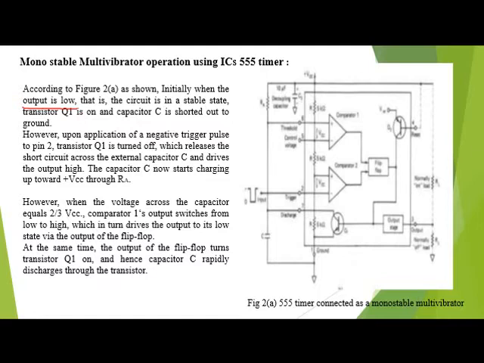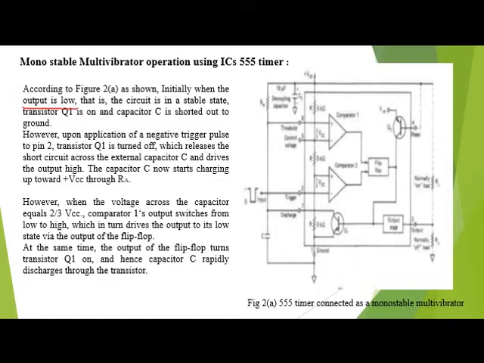Upon the application of a negative trigger pulse to pin number 2, the transistor is turned off. This releases the short circuit across the external capacitor and drives the output high.